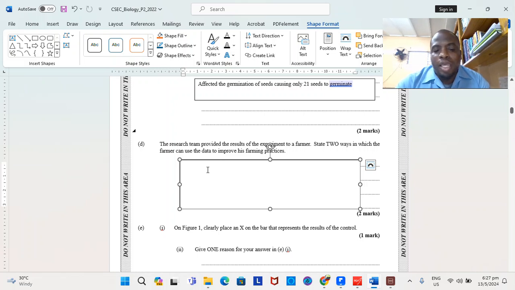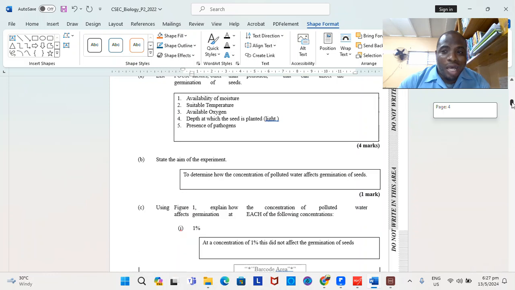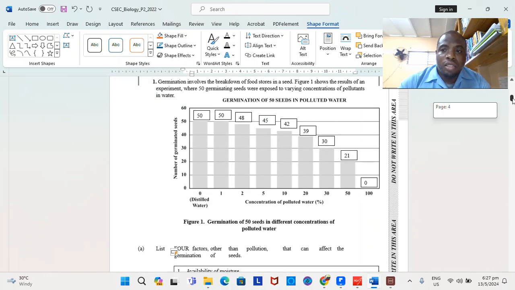So one way it can improve, remember, let's go back to the table. We are recognizing that as the concentration of the polluted water increases, as the water gets more concentrated in terms of pollution, it has a negative impact.